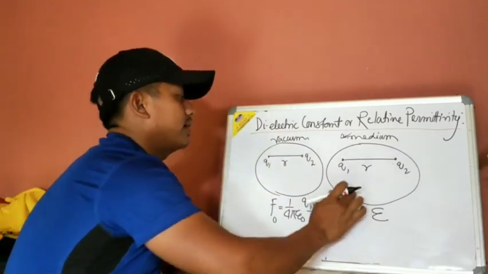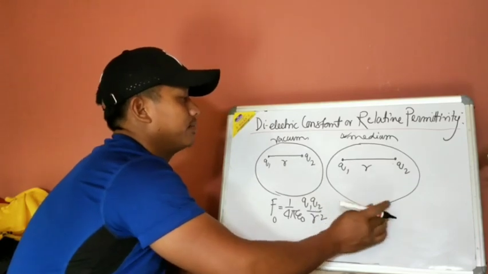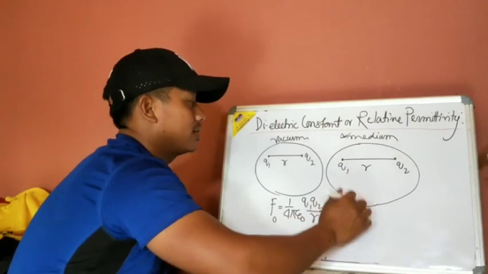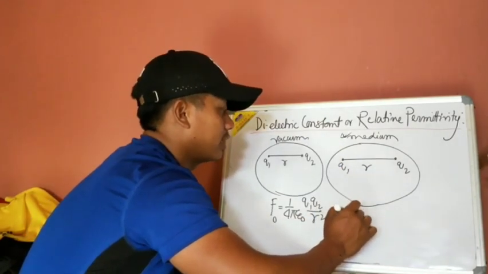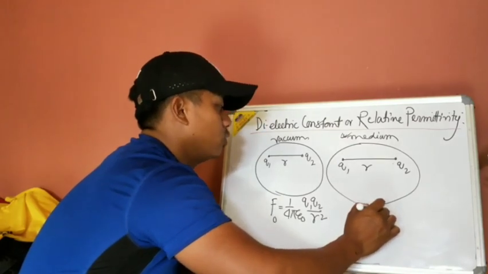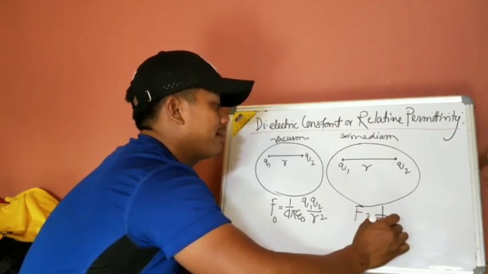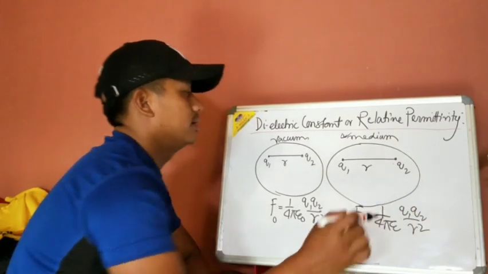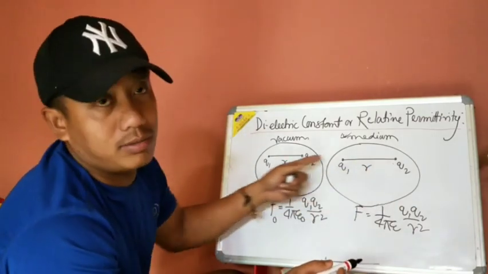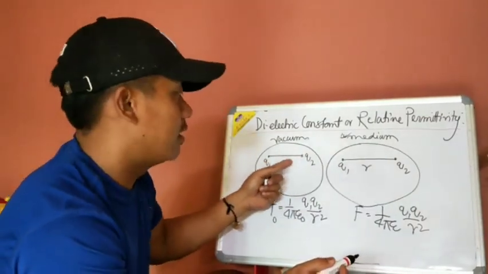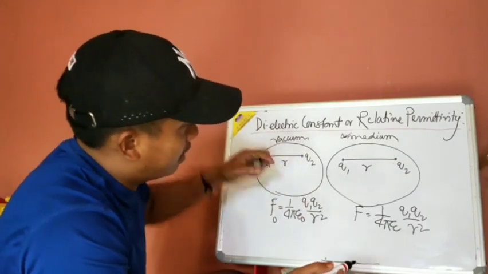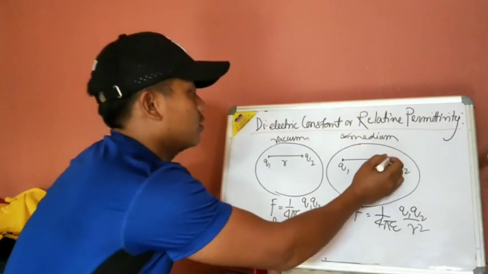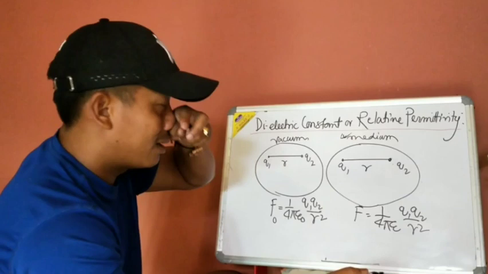Then if the same two charges are kept in the medium for which we define the dielectric constant, the force is F equal to 1 by 4 pi epsilon Q1 Q2 divided by R square. The same two charges are kept at the same distance of separation. This should be the condition.